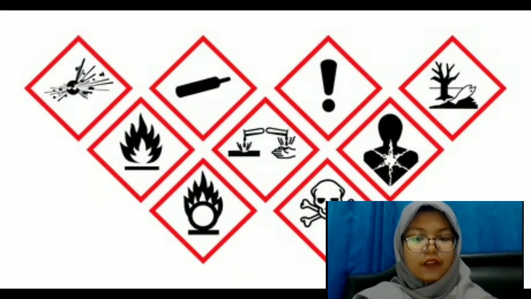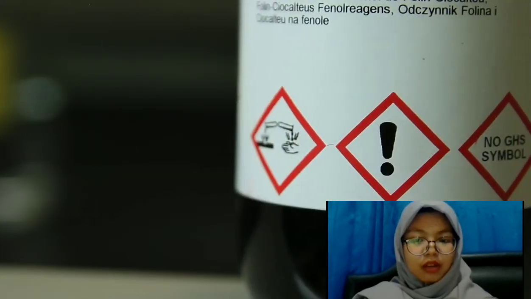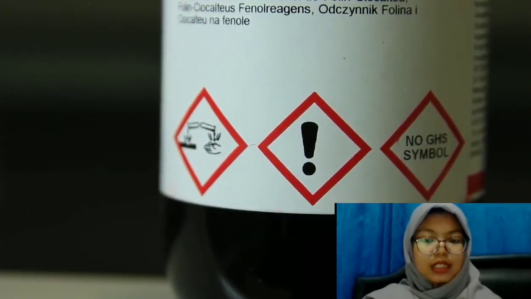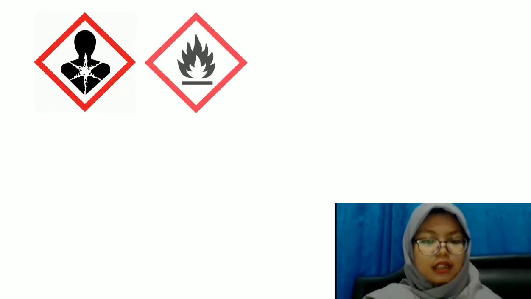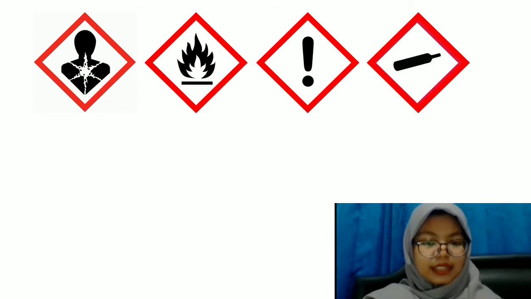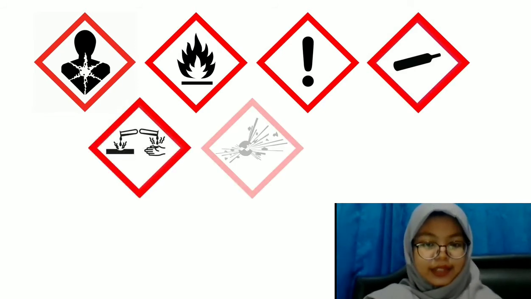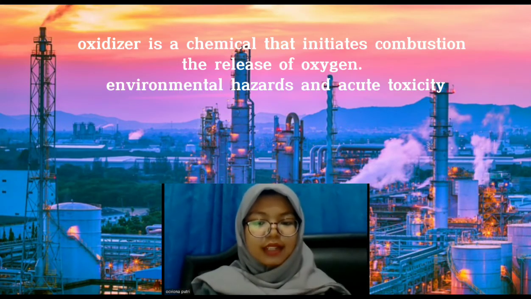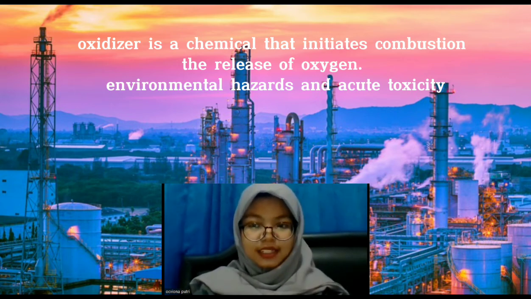Pictograms consist of a symbol on a white background framed in a red border. Each pictogram represents a specific hazard: health, flammability, toxicity, compressed gases, skin and eye protection, unstable explosives, oxidizers. An oxidizer is a chemical that initiates combustion through the release of oxygen. Also environmental hazard and acute toxicity.